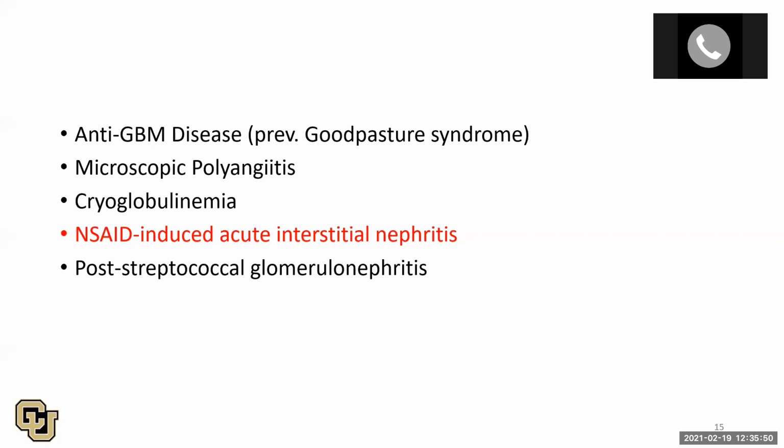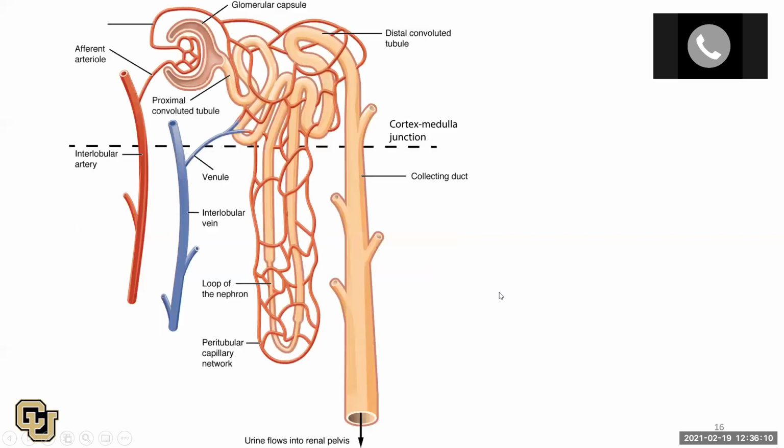Great, thank you. Dr. Happy told us that cryo is complement mediated. Great. We talked about anti-GBM, look for patients that also have hemoptysis. And then PSGN, post-strep glomerulonephritis, usually occurs 2 weeks after a pharyngeal or skin infection with strep. And that's obviously a glomerular disease, so you'll see blood in the urine.